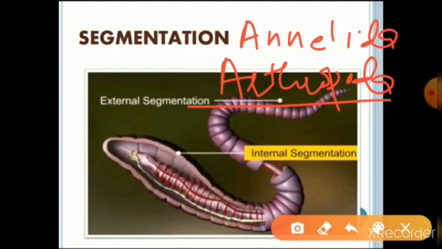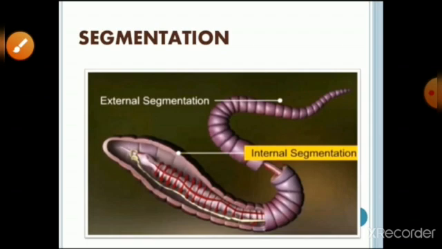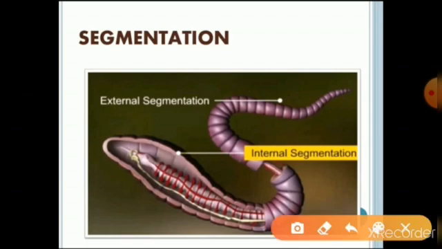For example, you must have seen the body of an earthworm. The body of an earthworm is segmented externally as well as internally. So in the case of earthworm, external segmentation as well as internal segmentation is seen. Similarly, in arthropods, students, insects come. The body of insects is also segmented because they have a head, thorax and abdomen.